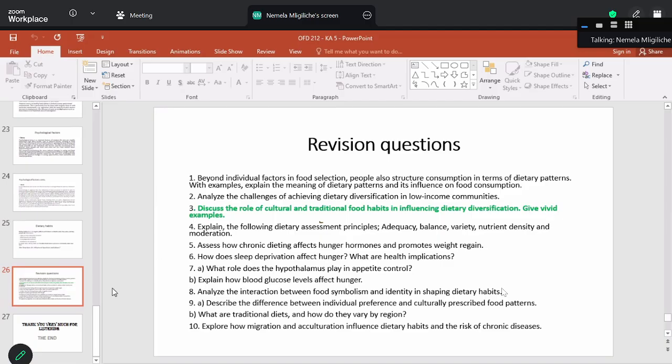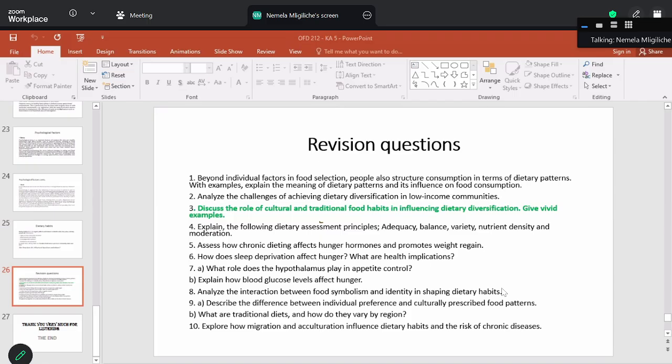Give vivid examples. This is like something which I've been discussing just now. This is the same type of question which I've been discussing. So you can see some other questions are more or less similar, but it will be the way you need to answer according to the way the question is asked.